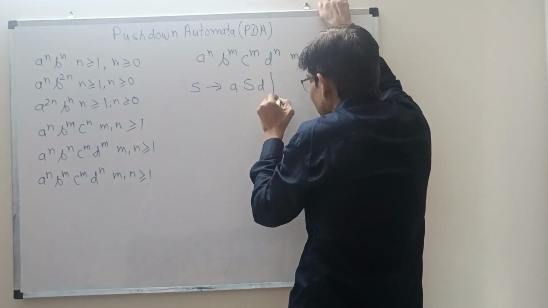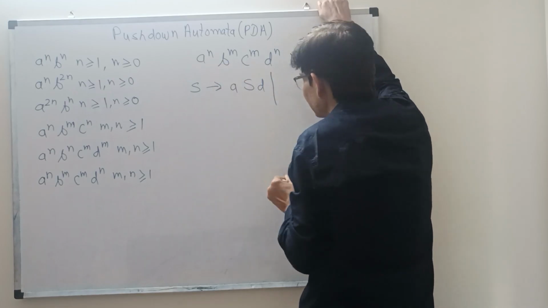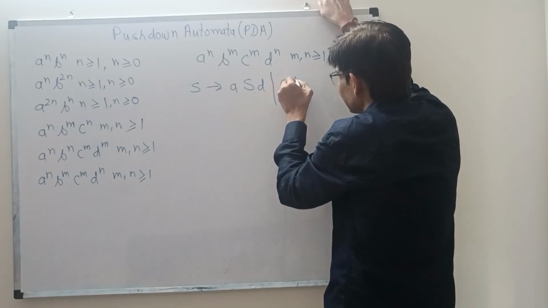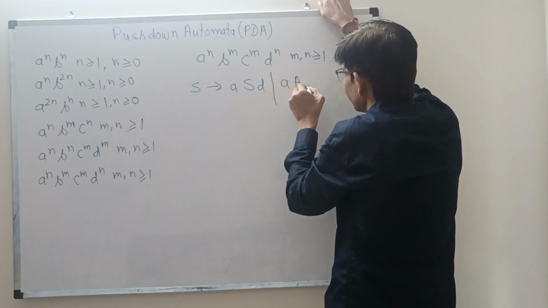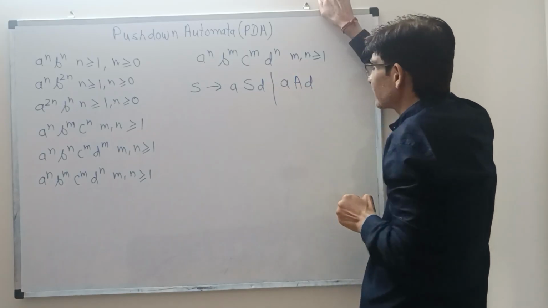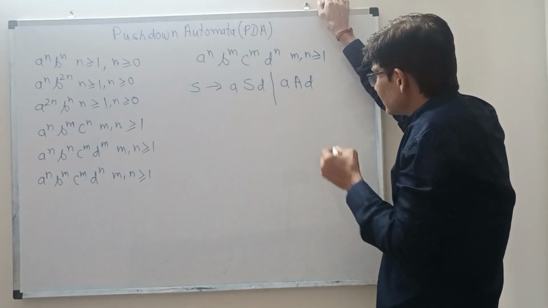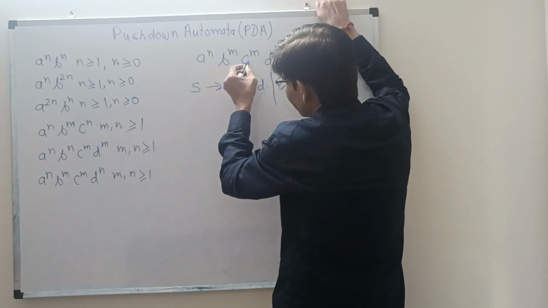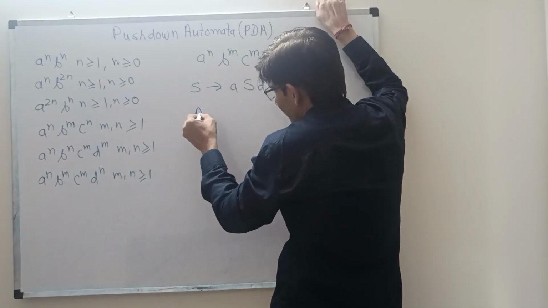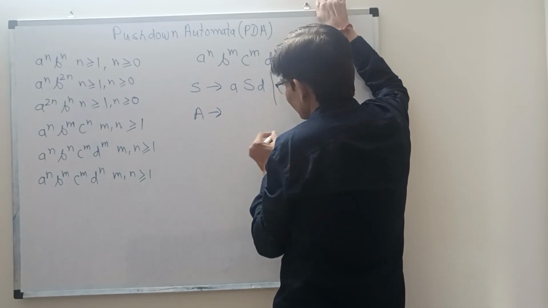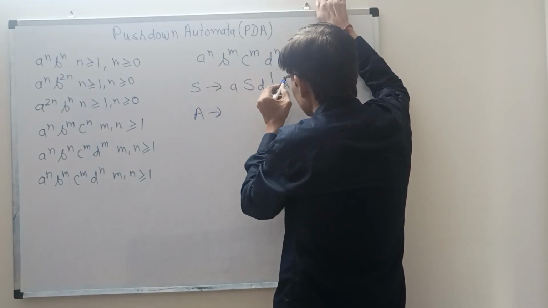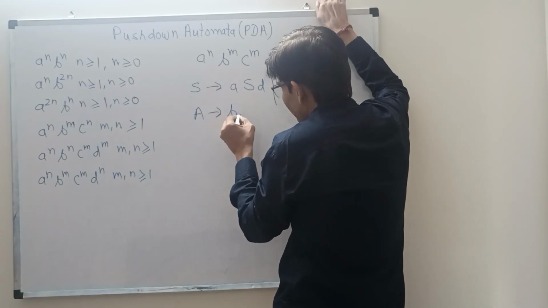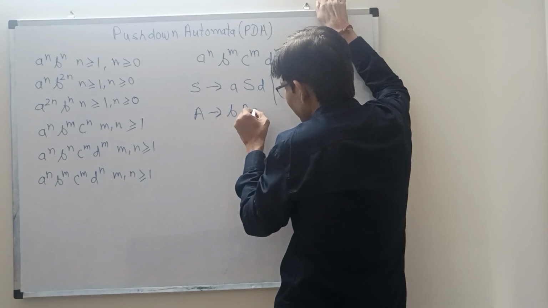Now to create B and C, I can have one more production here: S goes to A, then D. Now this particular variable A we can use to create B and C. So now I can have the production of A as, with the help of A, we are creating B and C. So this must be like this.